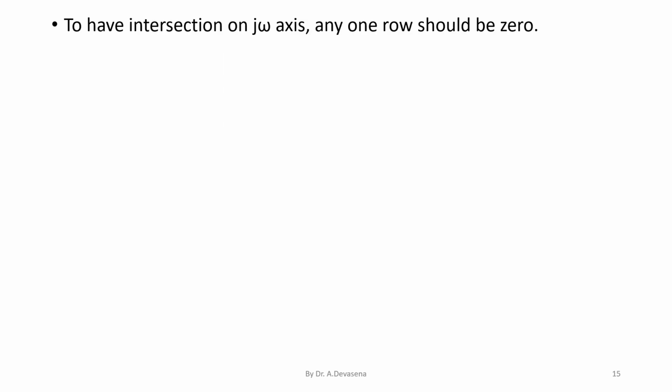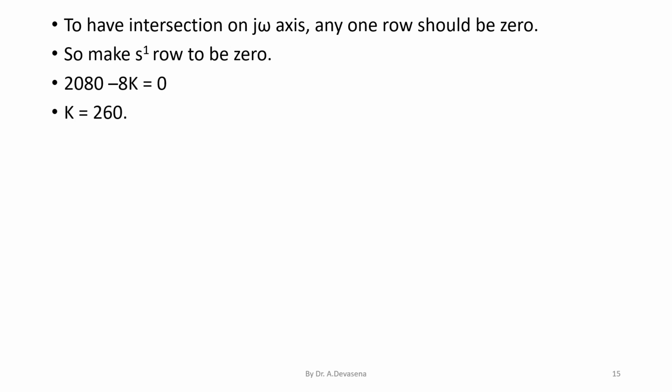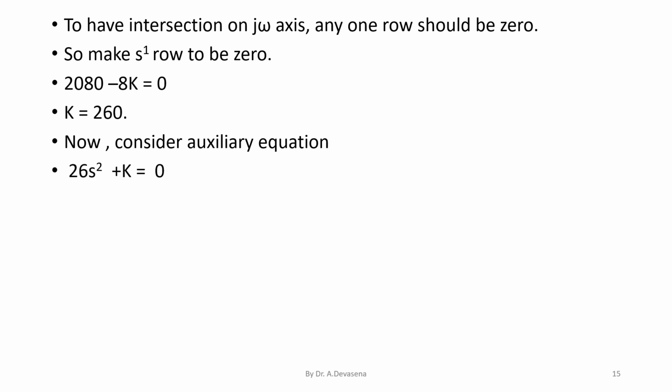To have an intersection on the j omega axis, any one row should be 0. So make the s power 1 row 0. That is 2080 minus 8k is equal to 0. If we simplify this, we get the value of k is equal to 260. Now we have to consider the auxiliary equation. The auxiliary equation is the equation which is just above the s power 1 row. That is 26s square plus k is equal to 0.